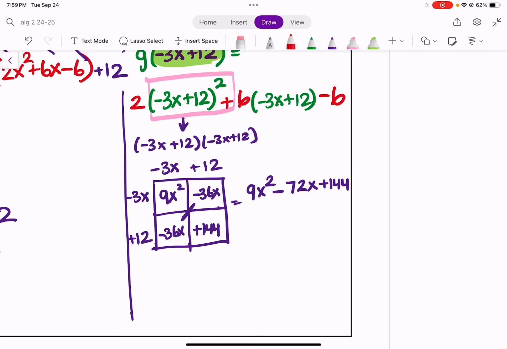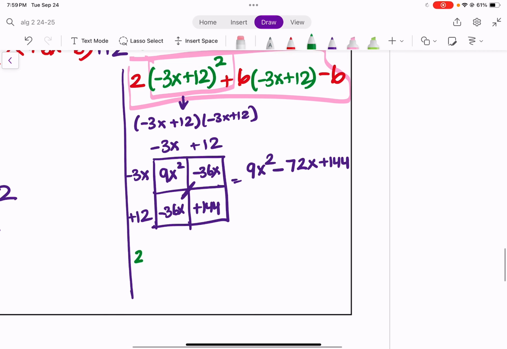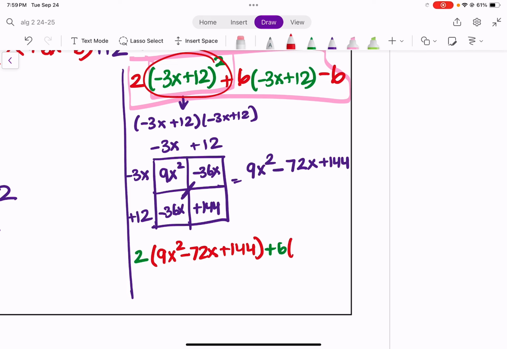So I'm going to rewrite this whole function here. I have 2, and then now when I multiplied this part out, I got 9x squared minus 72x plus 144. And then I'm going to rewrite everything else the same, negative 3x plus 12.